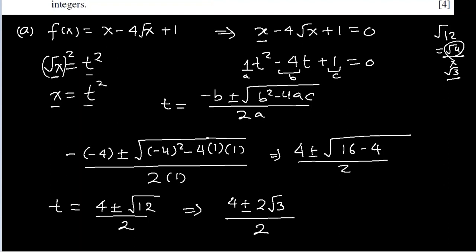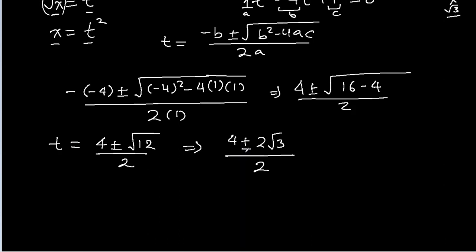Now we have even numbers, all three of them, with a plus here. We cannot cancel these two because there is a plus or minus in between. But what we can do is cancel this with each one of the above terms if they have a plus or minus inside. So this 2 is cancelled, this will be remaining as 2. So we'll get finally t equal to 2 plus minus square root 3.